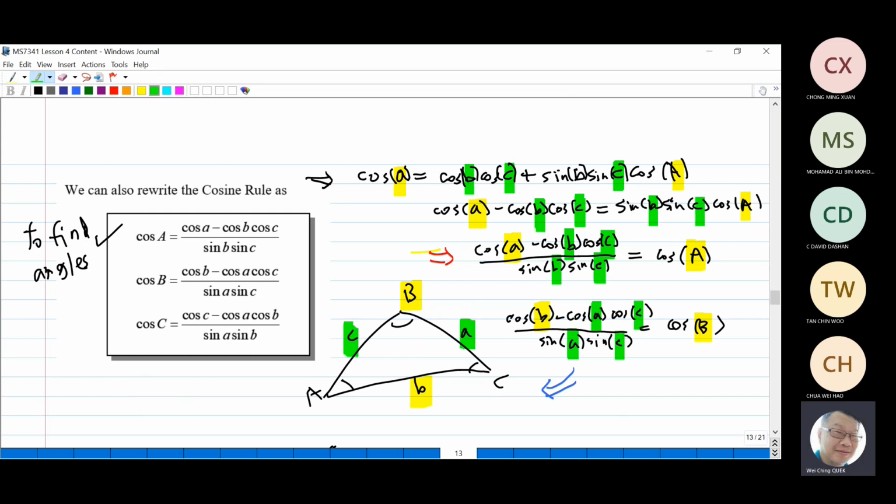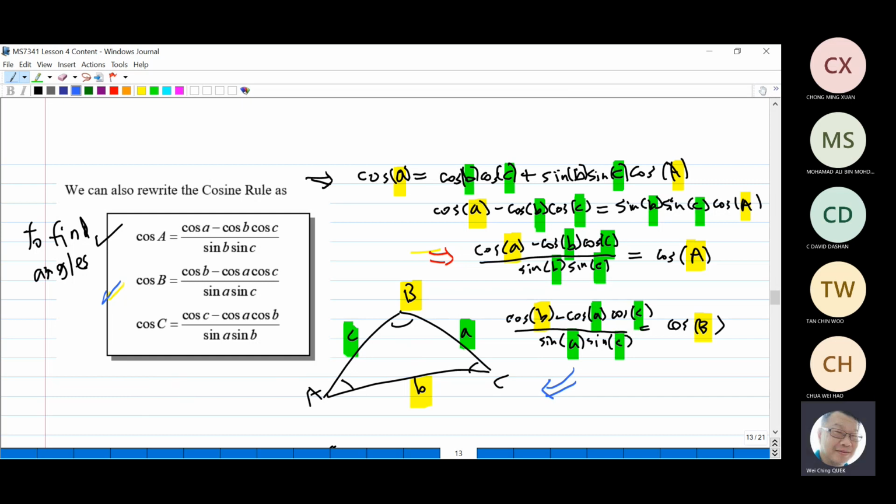So you get cosine side B minus cosine side A cosine C, then divide by sine A sine C, and this is cosine B. It's quite easy to memorize. Change the equation around. This is how to show cosine B, and how to change the formula accordingly by using the color.